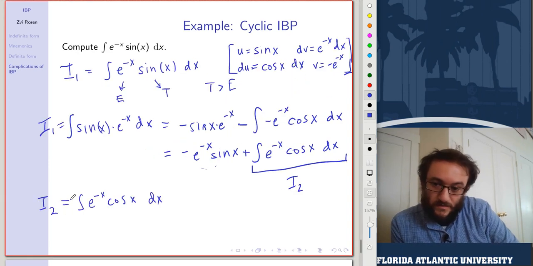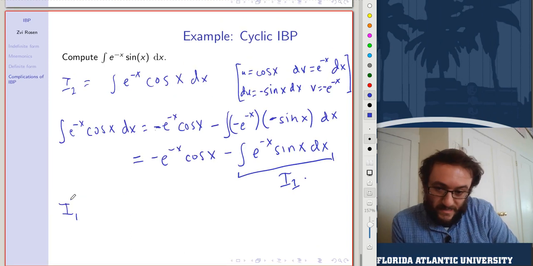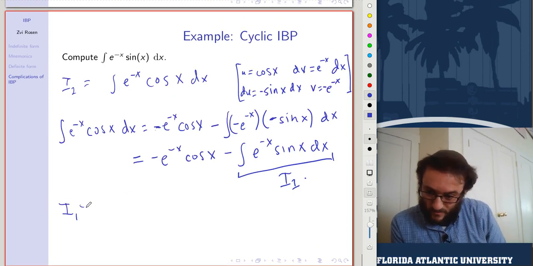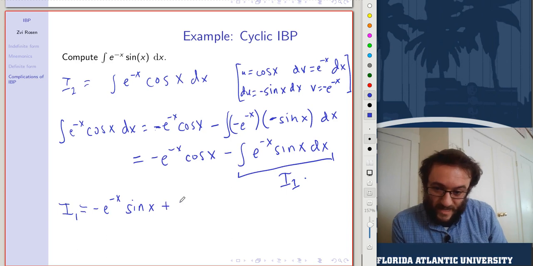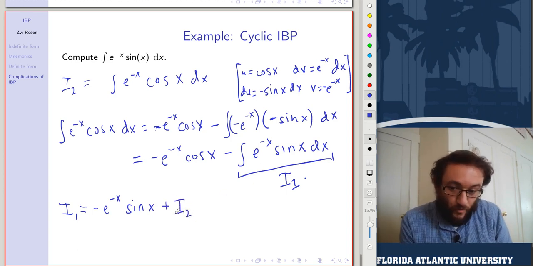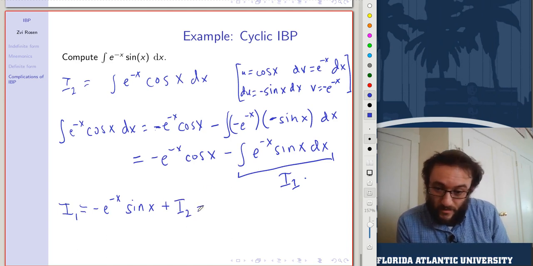So let's take what we found above. I1 equals minus e to the minus x sine x, and that was plus I2. And now we can plug in our formula for I2 in terms of I1.